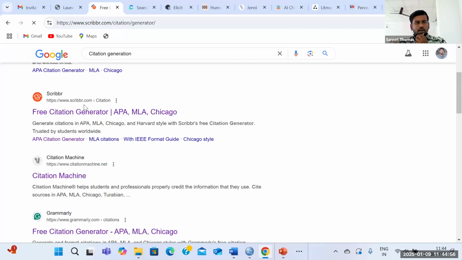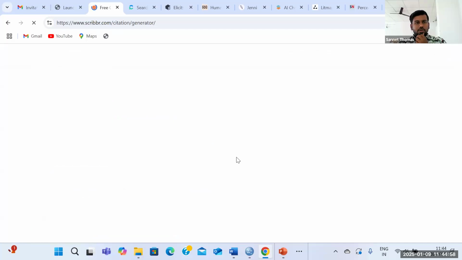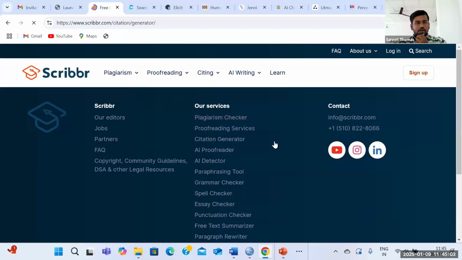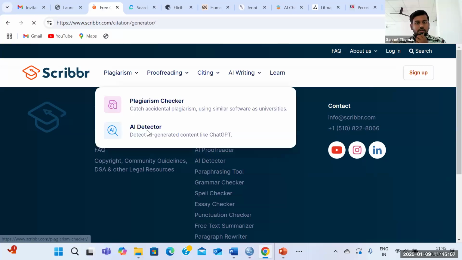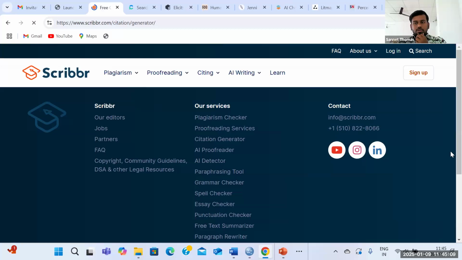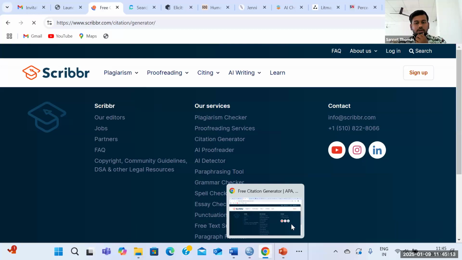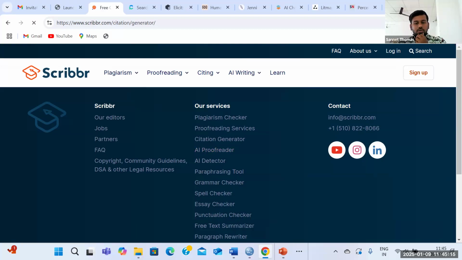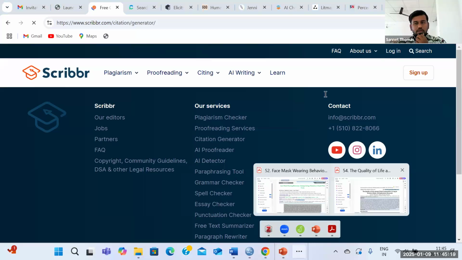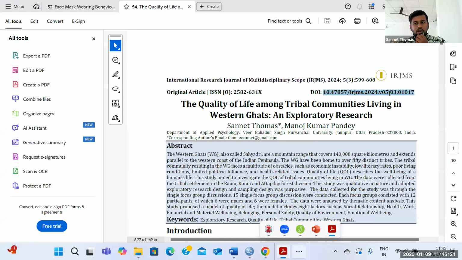If you click here, you will get a window. In that window, you have to put the DOI number of the article.